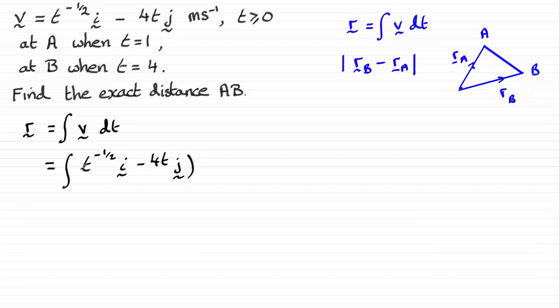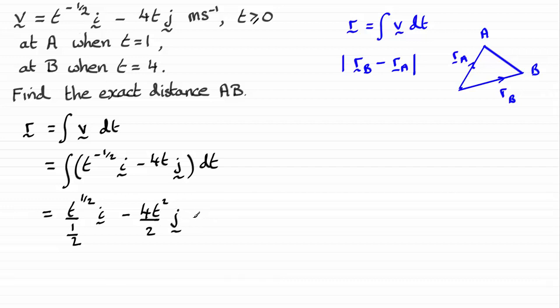Got a couple of terms here, so put that in brackets, and we're integrating with respect to t. And in the usual way, if you integrate this, t to the minus a half, just add 1 to the power, t to the half then, and divide by the half. And that'd be an i there. And when it comes to minus 4t, that's going to be minus 4 t squared, add 1 to the power and divide by the new power, and that's going to be the vector j.